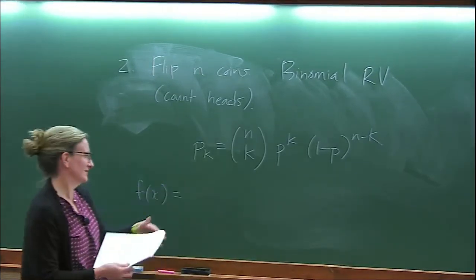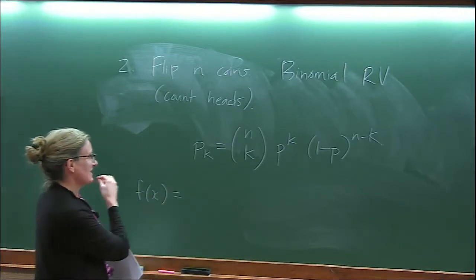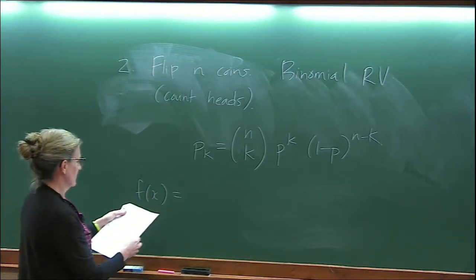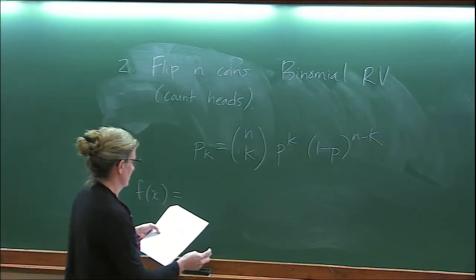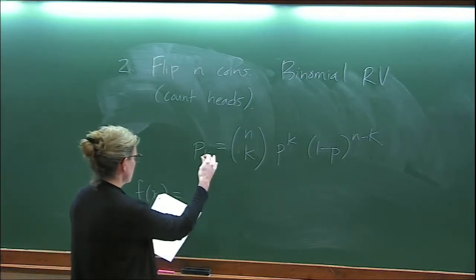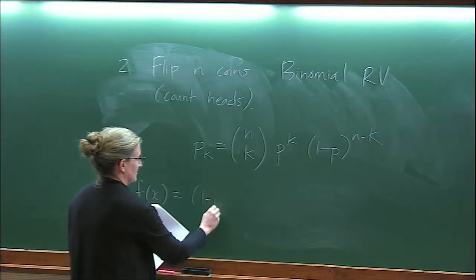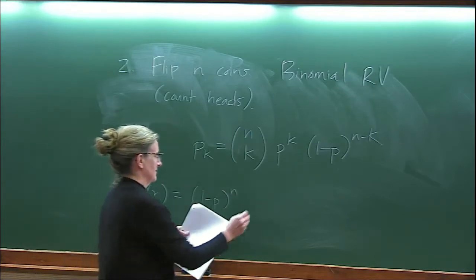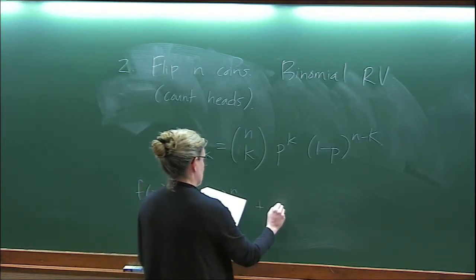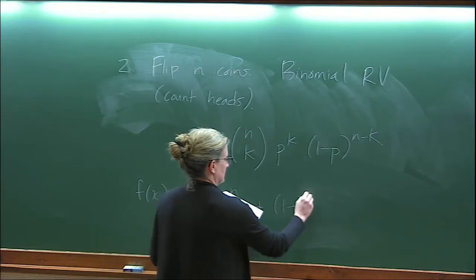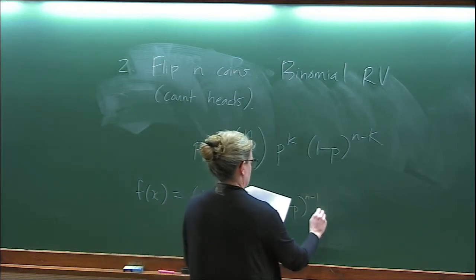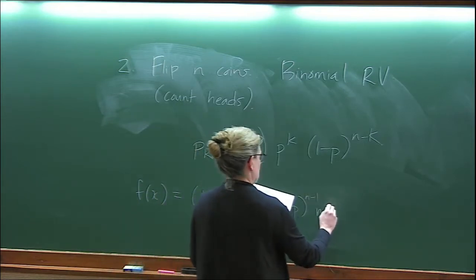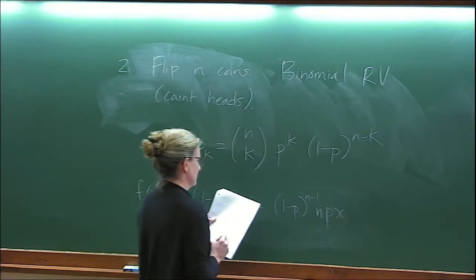Yeah, exactly. So, and then, you know, maybe I won't even write that all out because it's a kind of a mess. But after one little tiny manipulation, we'll get 1 minus p to the n. I'm going to write it as 1 minus p to the n minus 1, n px.